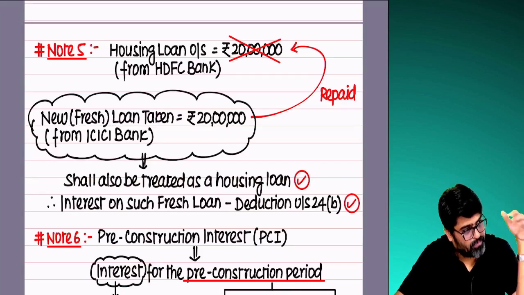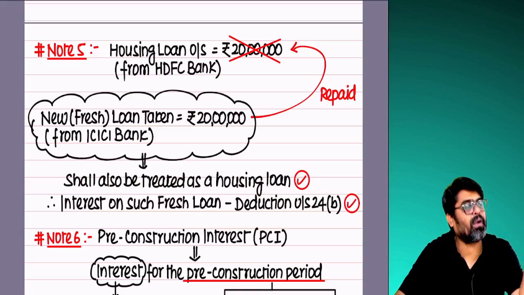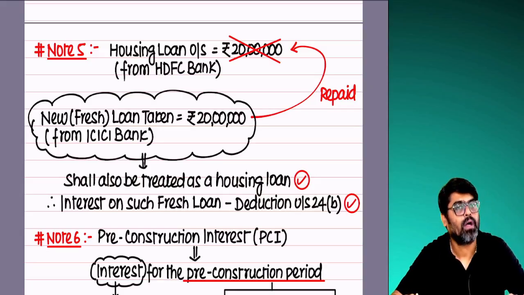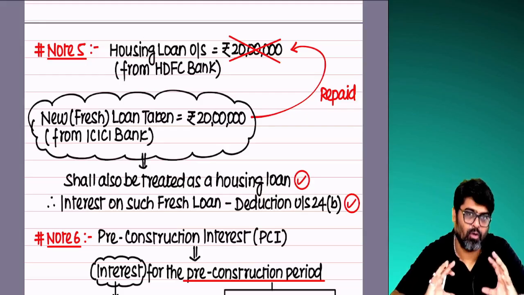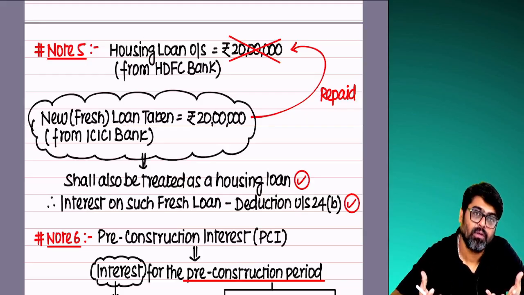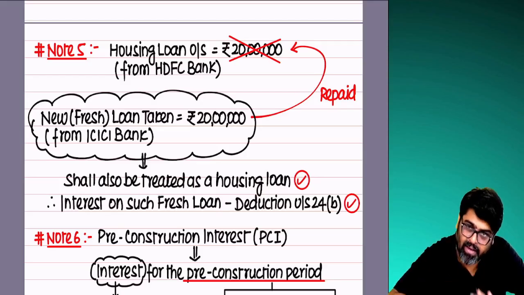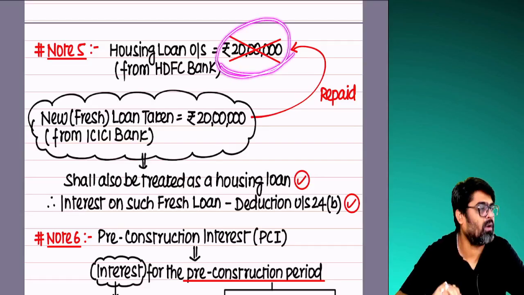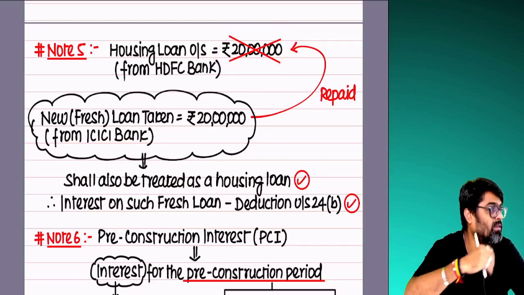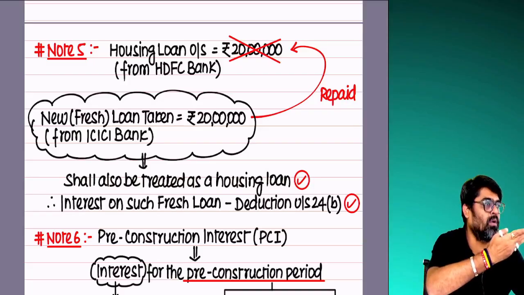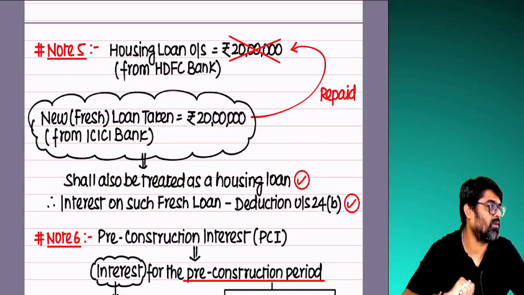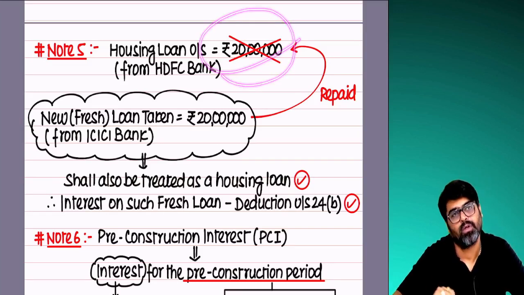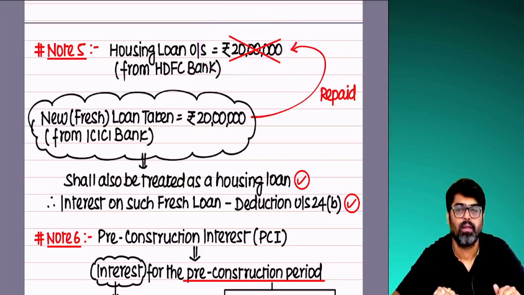After repaying some part of it, still some housing loan is remaining. Housing loan outstanding means this is still remaining to be repaid to HDFC Bank. And on this loan HDFC Bank is charging 12% because at the time when I took the loan, the interest agreed was 12%. So definitely HDFC Bank is going to charge 12%.